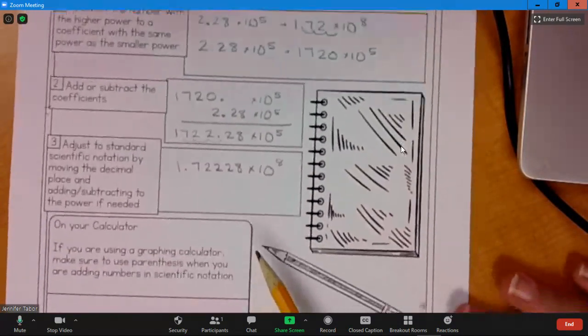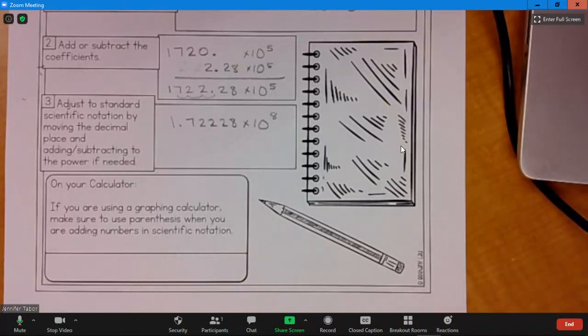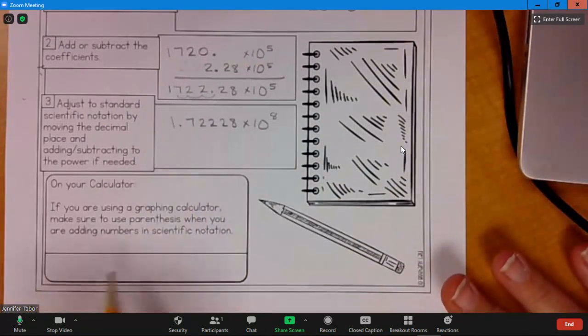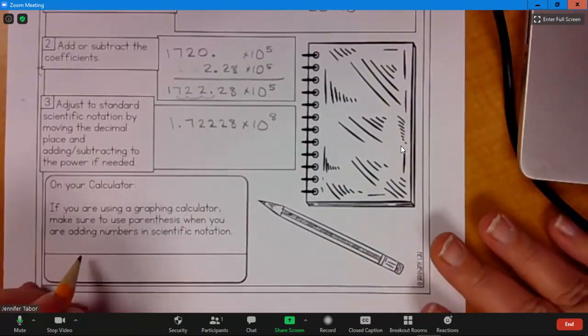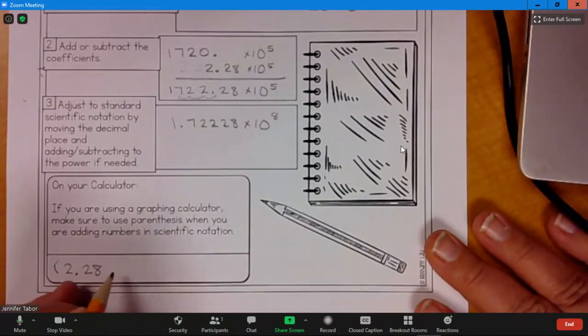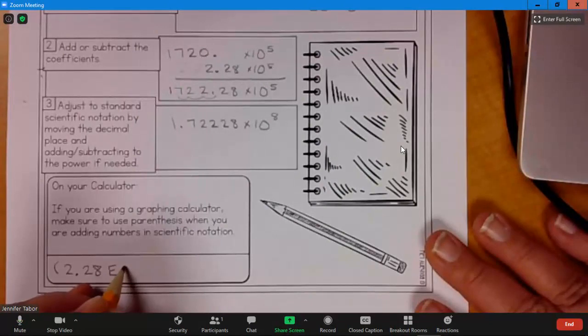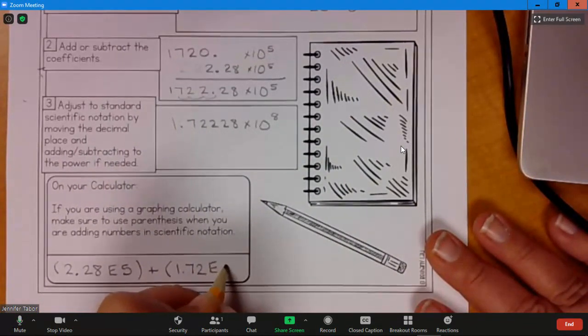One last little thing, if you're using a graphing calculator to do your work, which you can definitely do, before you add these numbers in scientific notation, make sure you got parentheses. So you should type it into your calculator something like this. 2.28 exponent 5, that's times 10 to the 5th, plus 1.72 exponent 8.